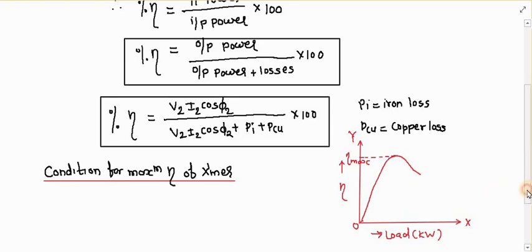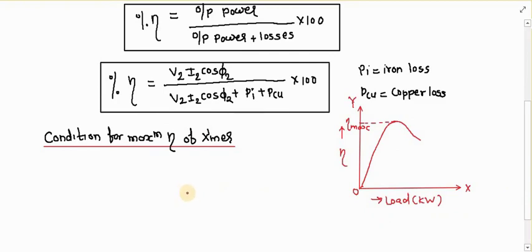Now again consider the approximate equivalent circuit of the transformer referred to the secondary side. So what is your RT2? RT2 is nothing but the total resistance of the transformer referred to the secondary side.